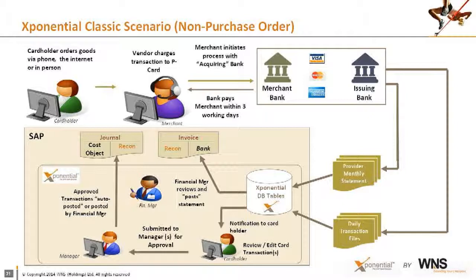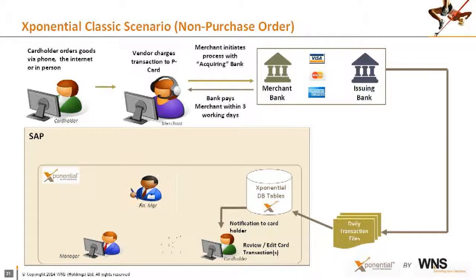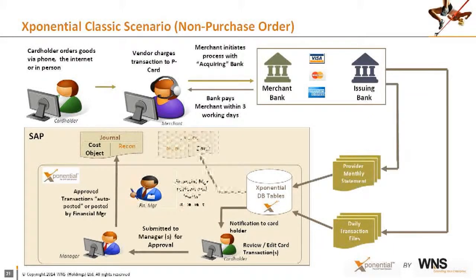The result would be an invoice against your card provider vendor account inside of SAP, and it's a debit to that reconciliation account. So in a perfect world, if all transactions made it through their approval hierarchy and got posted, then you would see this reconciliation account go back to 0.